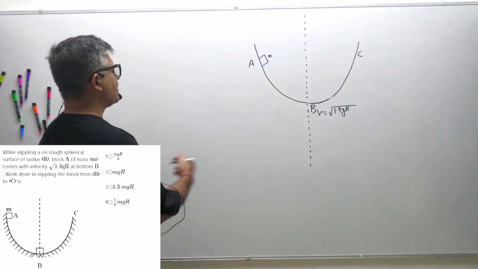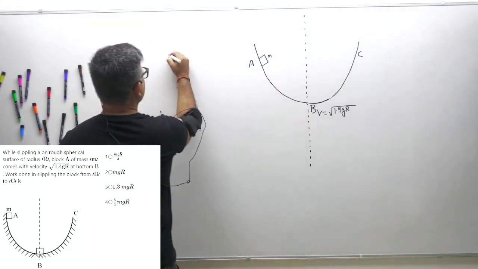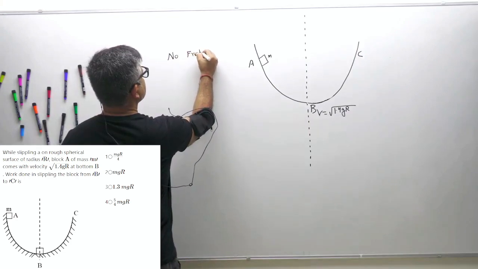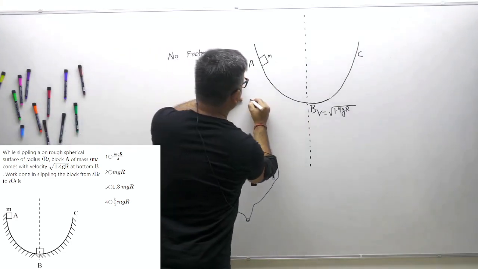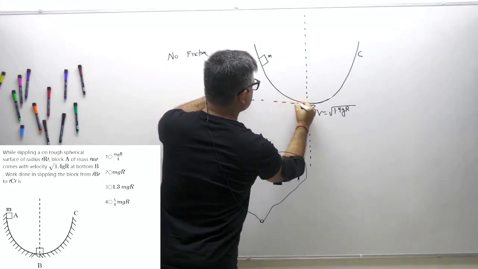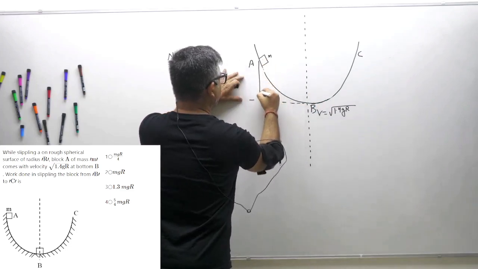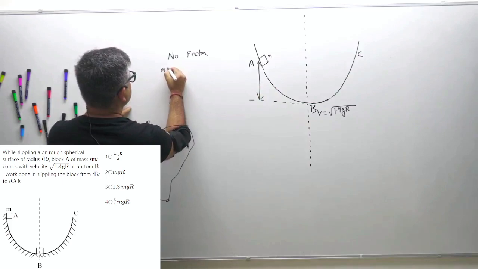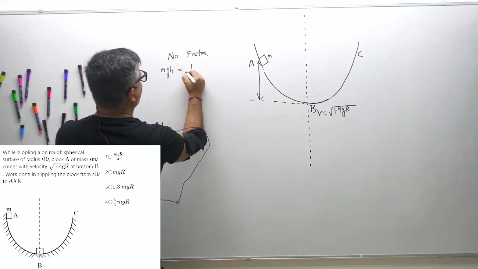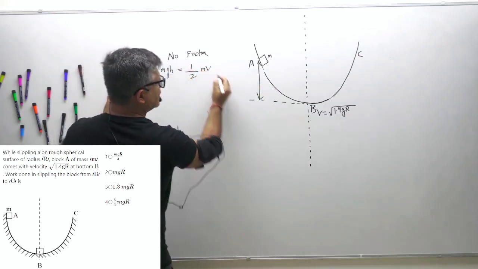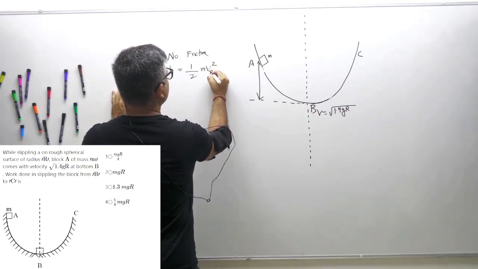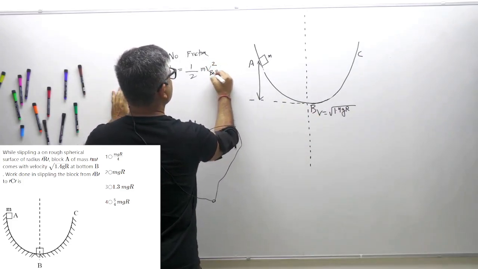If there was no friction, then this whole mgh would convert into half m v squared at the bottommost point.